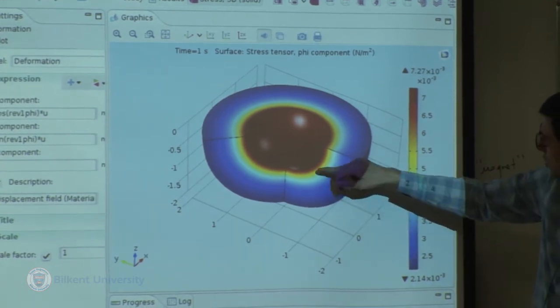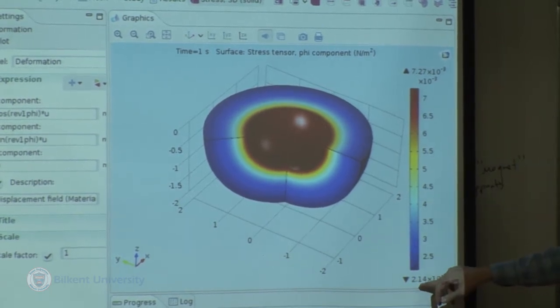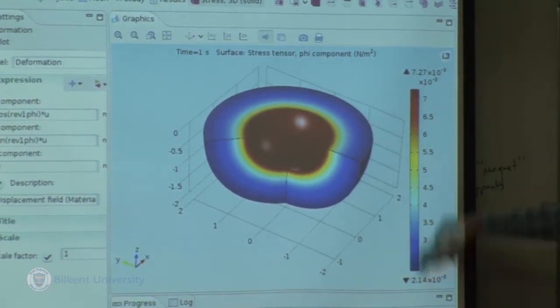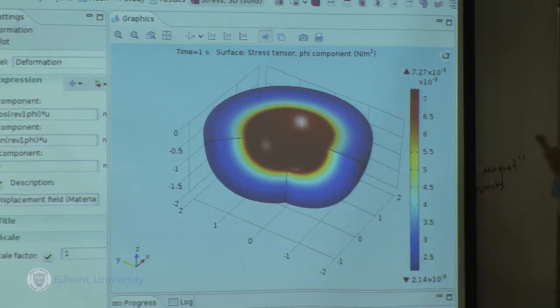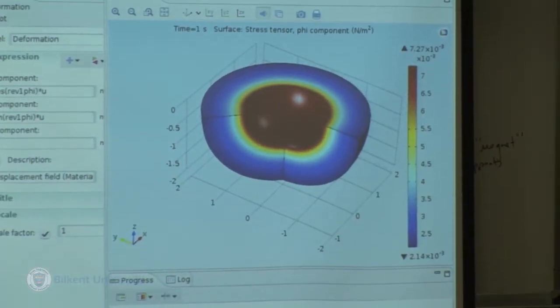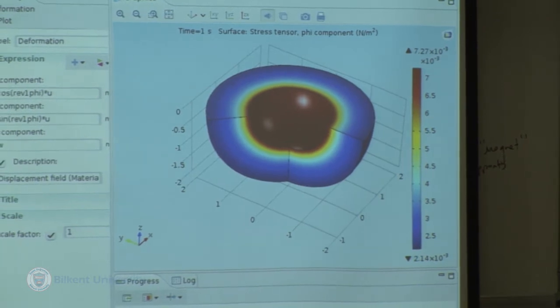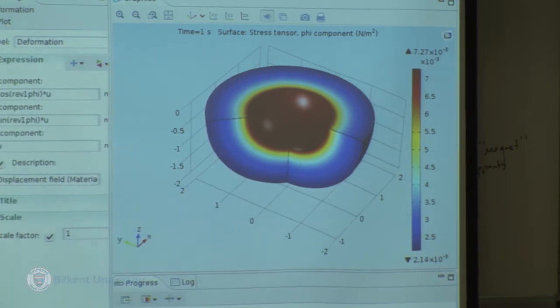The tangential component starts off higher, of the order of 7 something. It doesn't really matter. It's relative to 2. So there is a change of more than 3 times when I move from the inside to the outside. That is a considerable change. Moreover, remember from last time, if it is thick-walled, the tangential stresses are of the order of the pressure. For instance, if the inner radius is 1 and the outer radius is 2, the tangential stress is about 1 to 2 times the pressure.